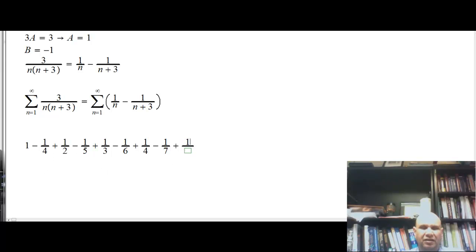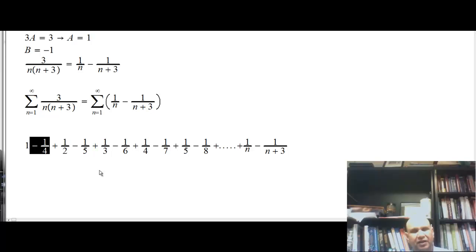Then 1 minus 1 over 8, and then we keep on going like this. So this 1/4 will be cancelled by this 1/4, -1/5 will be cancelled by this 1/5, 1/3 will not be cancelled, but -1/6 will be cancelled by the subsequent one right here.